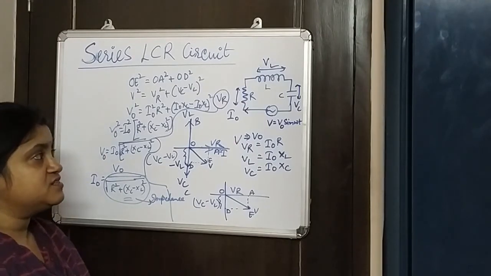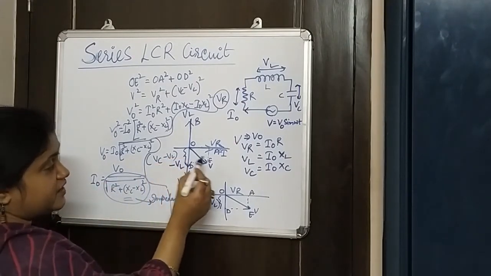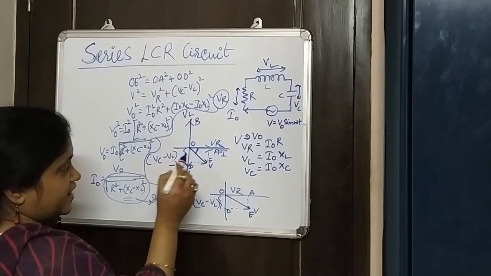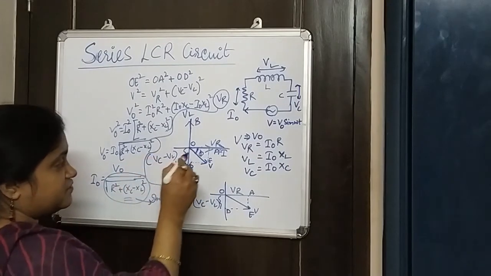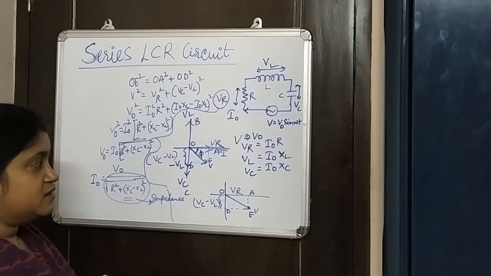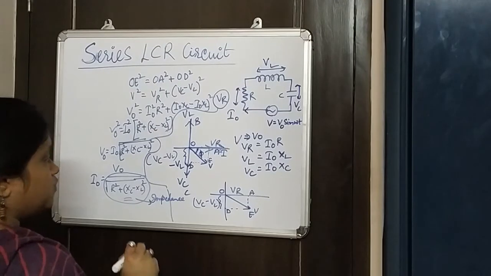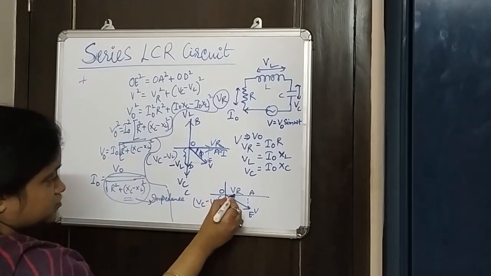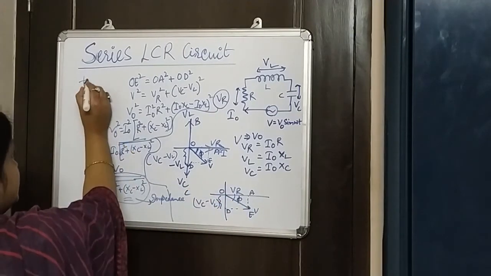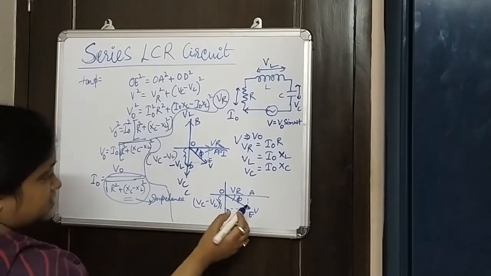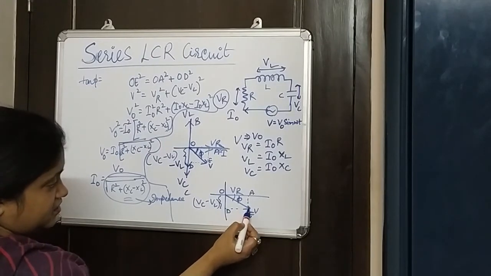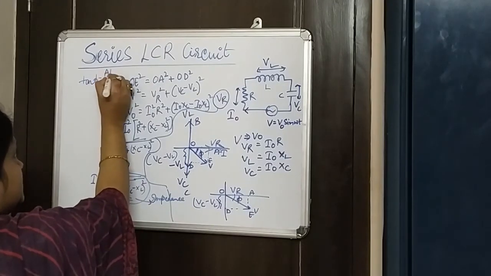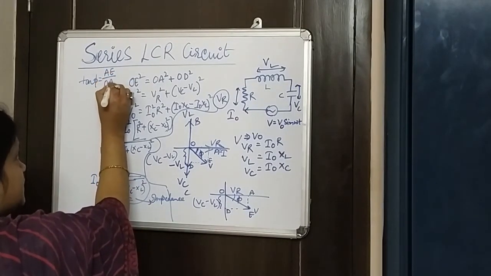Now then, what about the current and the voltage phase? What would be the phase difference between them? If I have to calculate the phase difference, suppose this is phi, the angle or the phase, then we can write from this picture itself tan of phi is AE divided by AO, or AE by OA, right?